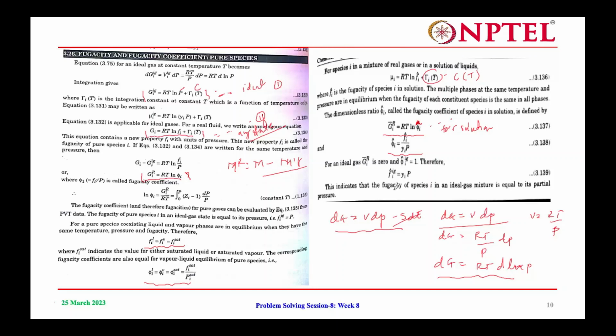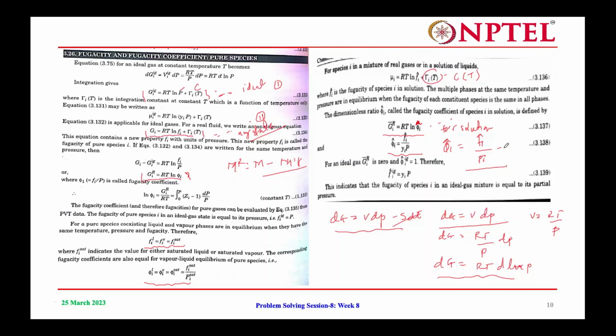So fi bar equal to phi i with the partial pressure here. For mixtures, you cannot write down the total pressure. Here is the total pressure for the single component. But in a mixture, you write fi bar equal to the partial pressure, right?